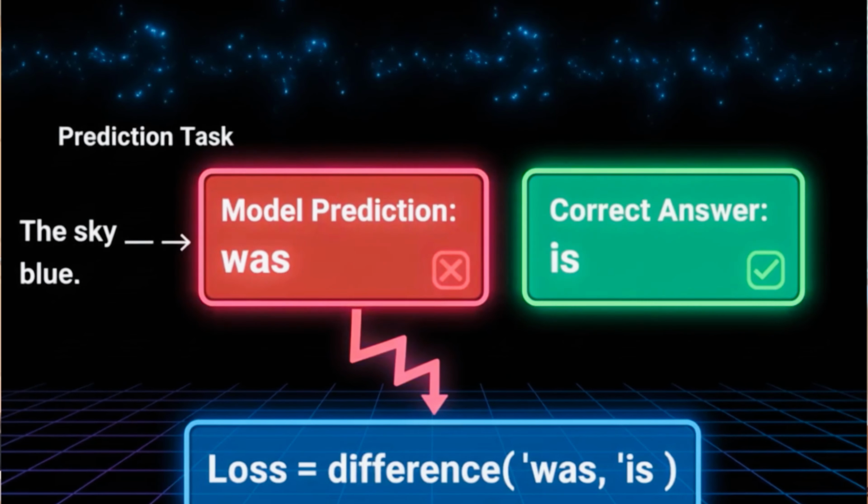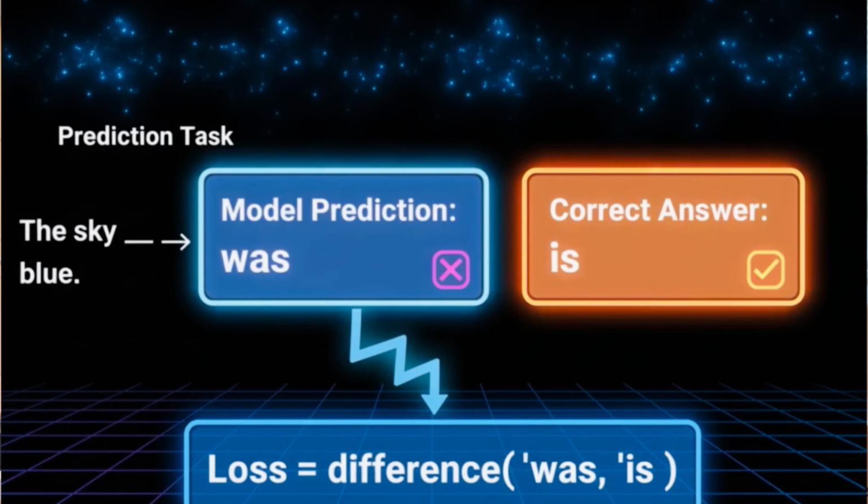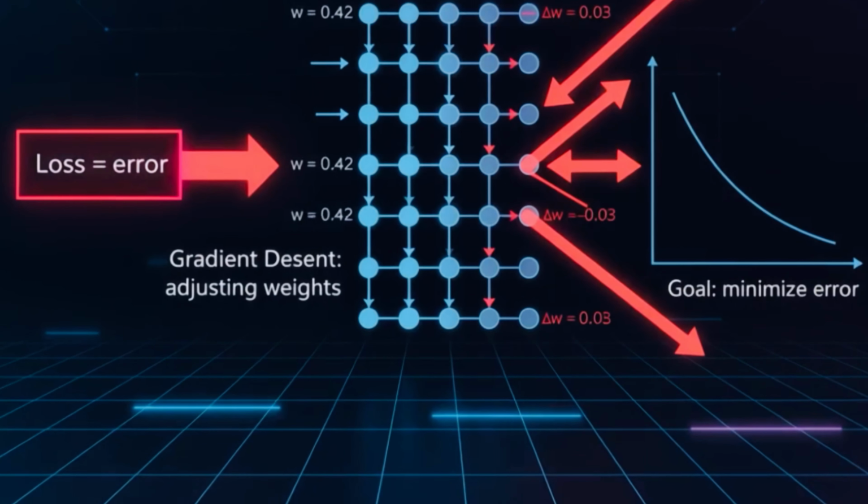The goal is to minimize this error, and the error signal is sent backward through the entire network in a process called backpropagation. Using a technique called gradient descent, the model figures out exactly how much to adjust every single number in its massive system.